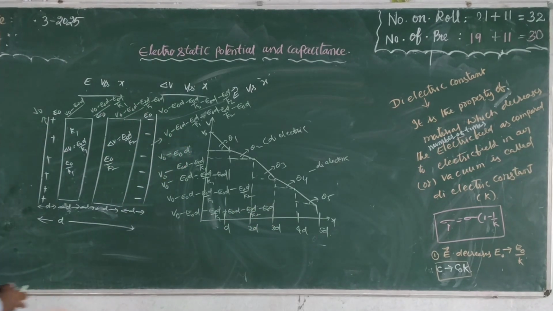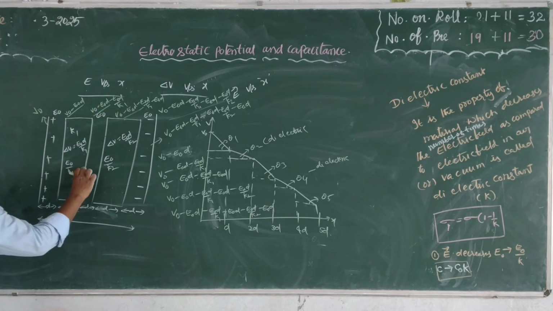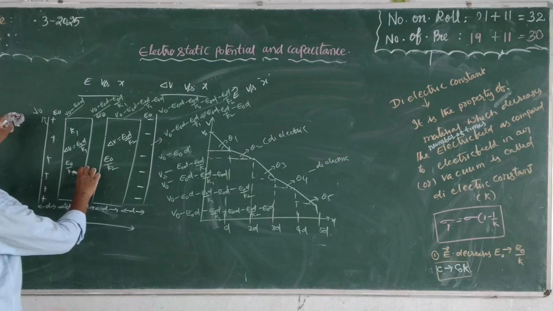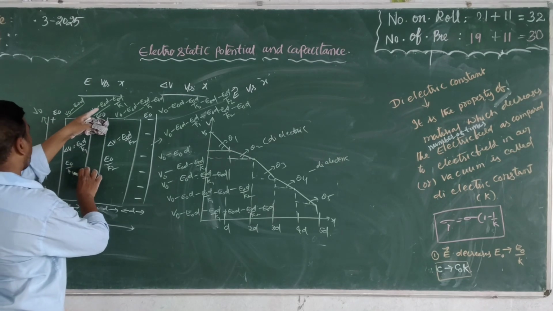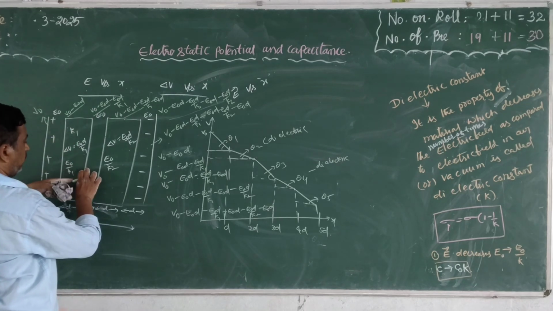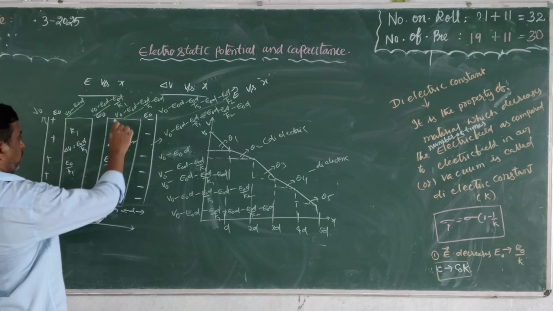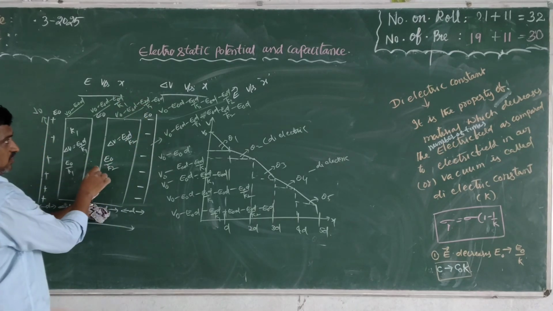See here, it is maximum; what is the potential here? It is this one minus this one minus this one, that is what I write here. V naught minus E naught d minus E naught d by k1 for this potential. The difference is E naught d.